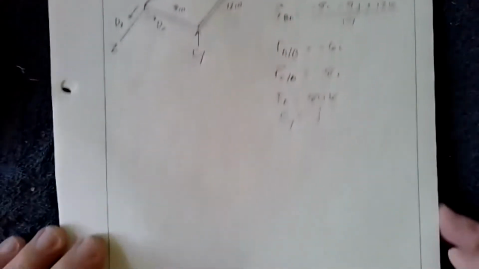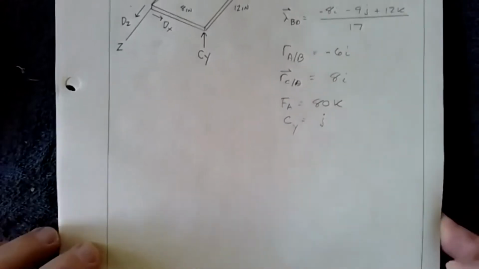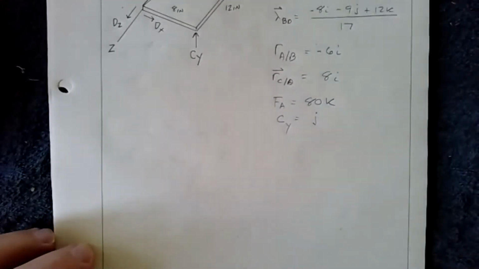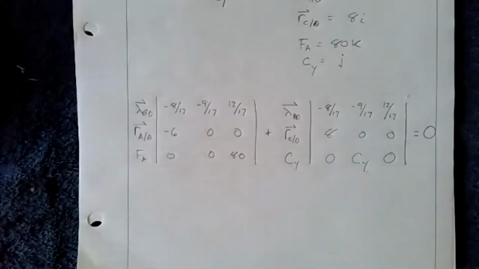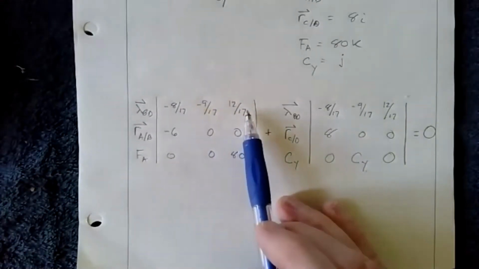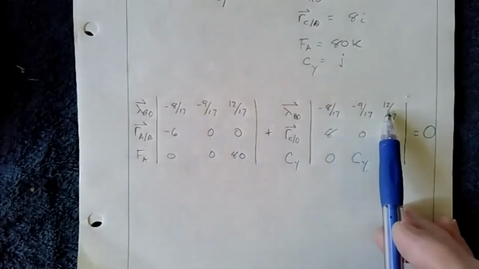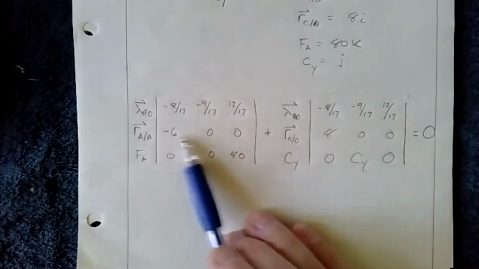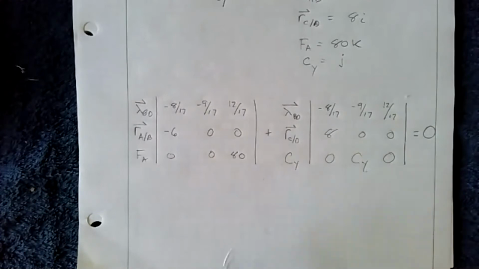And so what do we end up with? We end up with this. And there you have it. So here's my unit vector for the line, my R vector. You see a lot of it's 0, so it's going to simplify down pretty easy.